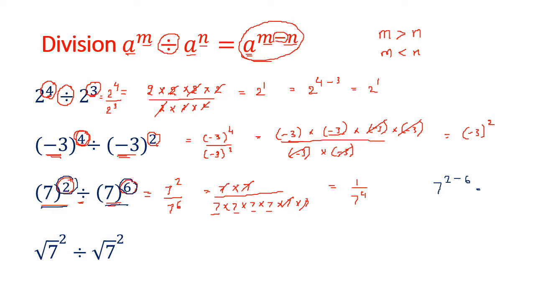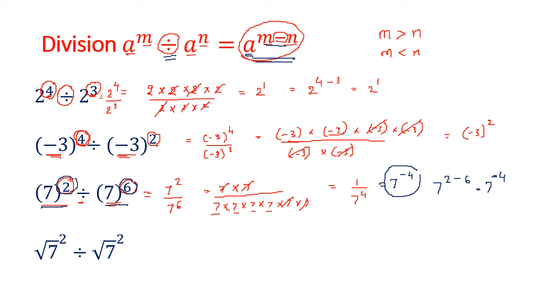So this formula states that if you have to divide, it should be the base raised to m minus n. So 7 raised to 2 minus 6 is 7 raised to, what is 2 minus 6? Minus 4. Which means that 1 upon 7 raised to 4 is 7 raised to minus 4.